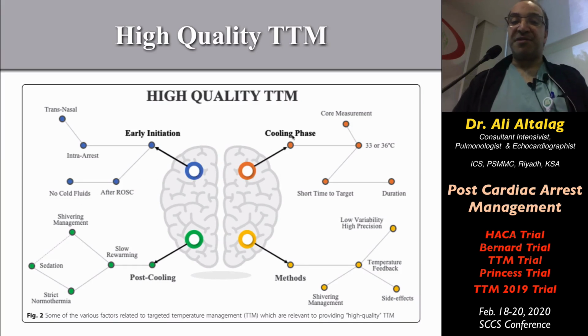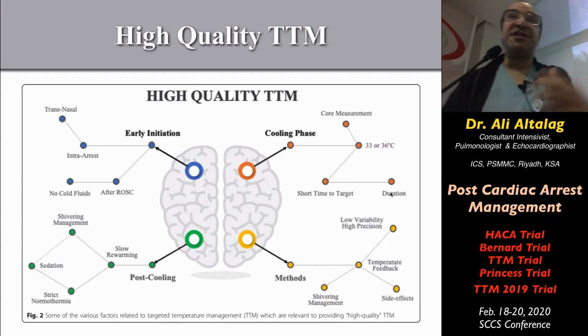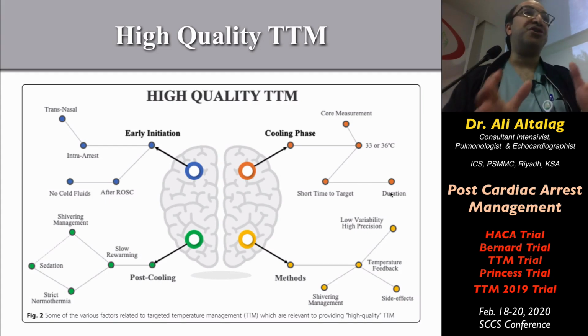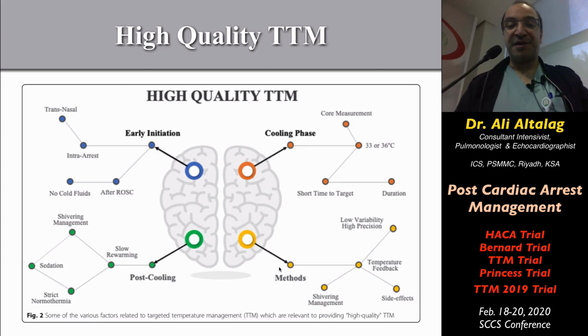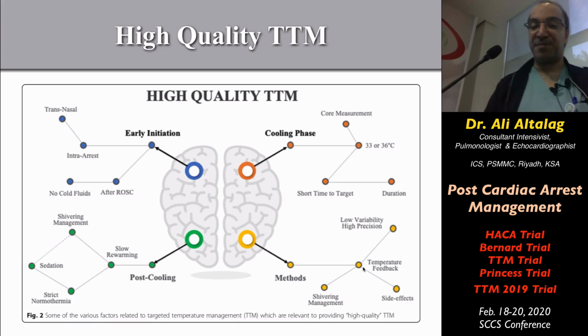And the other thing, cooling phase from 33 to 36, not to 32. Measure core temperature, shorten time to target temperature, and they did not really discuss the duration very much, but 24 hours is probably appropriate.